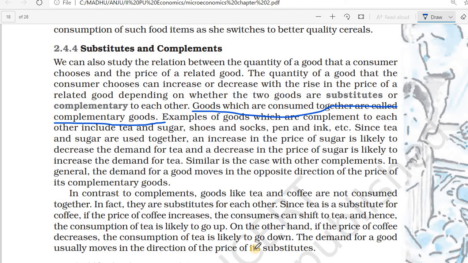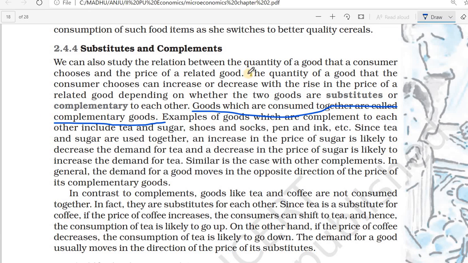Then substitute goods example is tea and coffee. Then complementary goods example: petrol and bike or pen and ink. This one is the complementary goods. Complementary goods means goods which are consumed together.